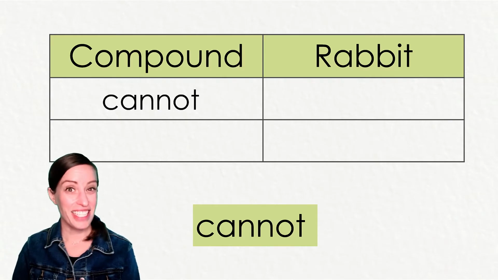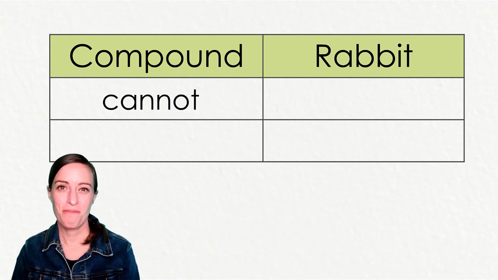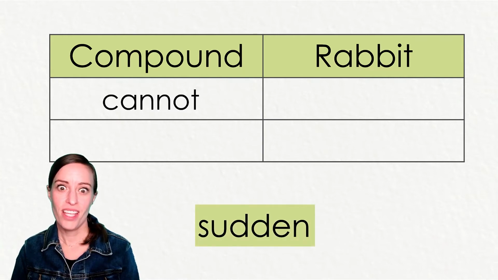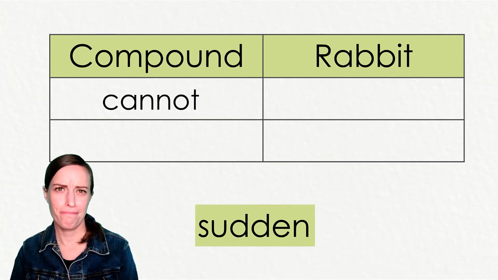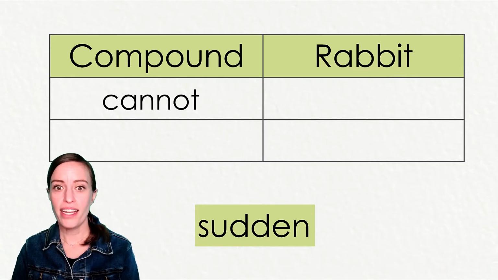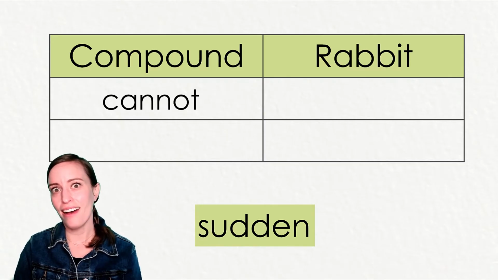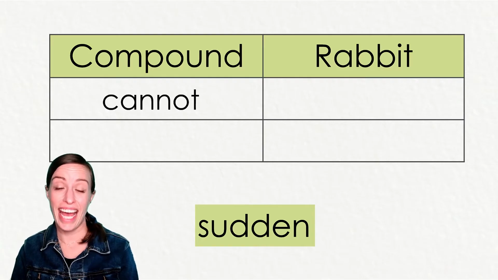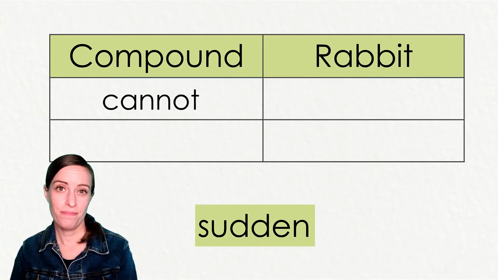Are you ready for the next one? Here it is. This word is sudden. Can you find the vowels? That's right. U says uh and the E says eh. Sudden.